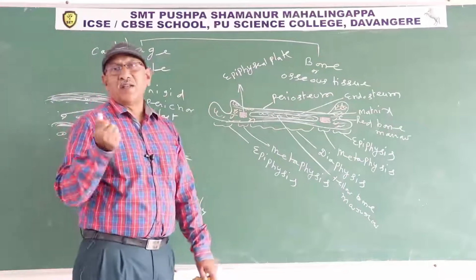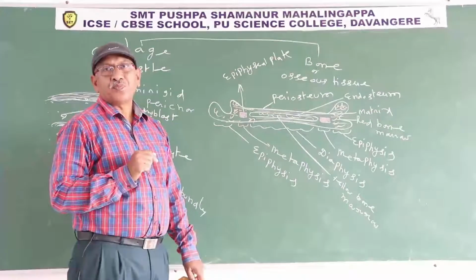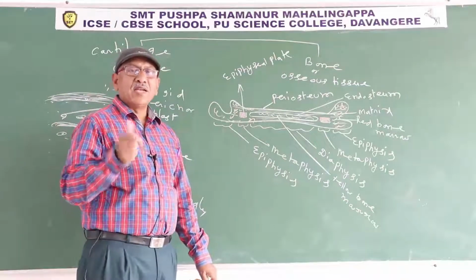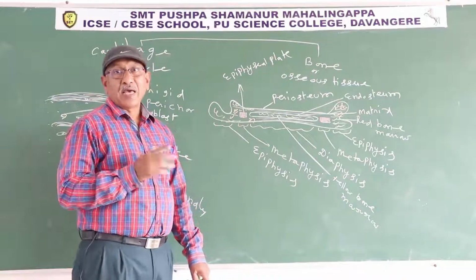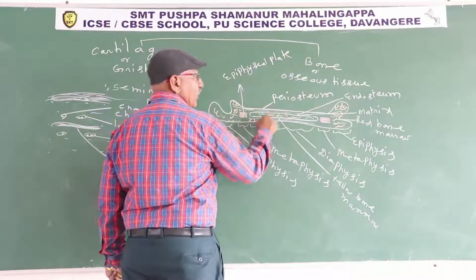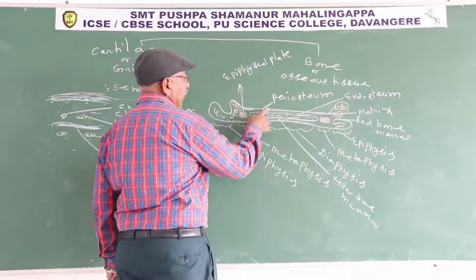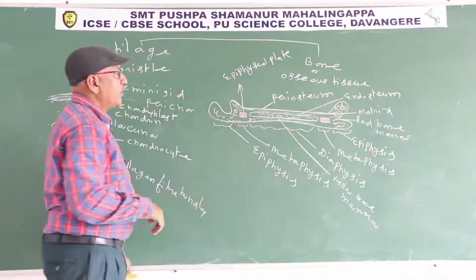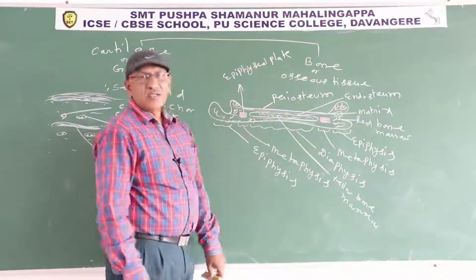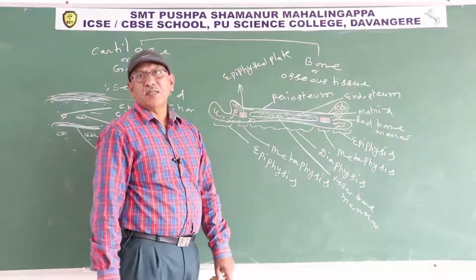Matrix of bone is rigid, hard. Bone contains an abundant amount of calcium phosphate in the bone matrix. Bone is covered by 2 connective tissue membranes: outer periosteum, inner endosteum. Between periosteum and endosteum, matrix is present.